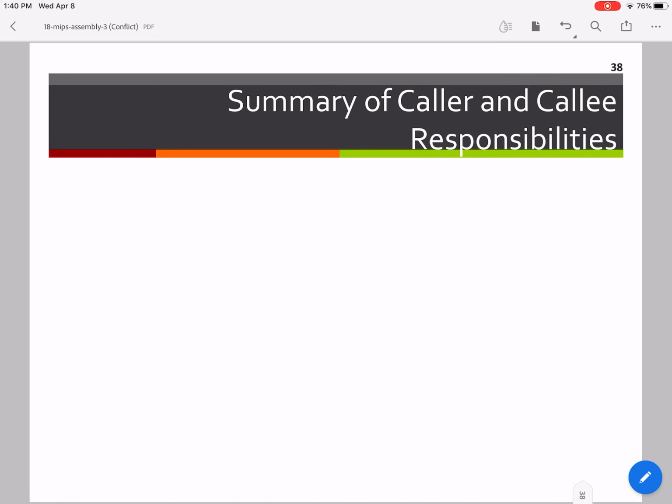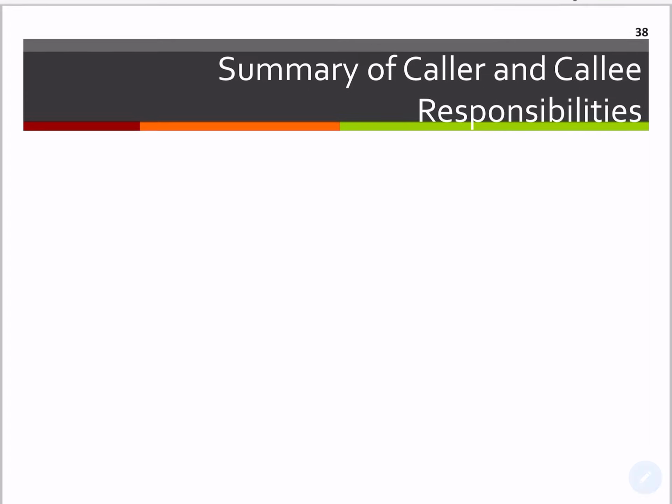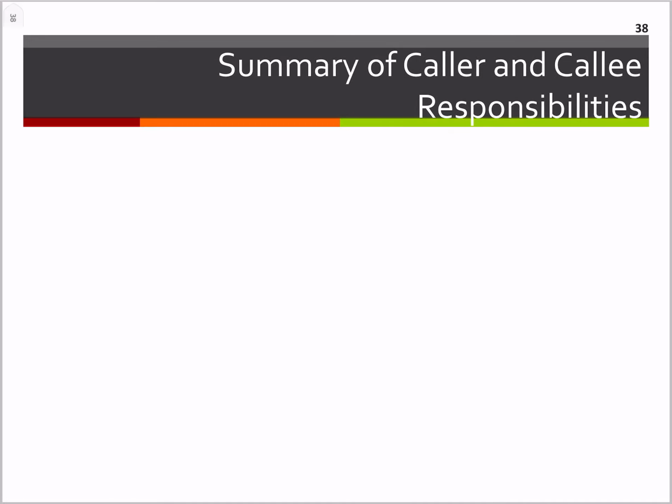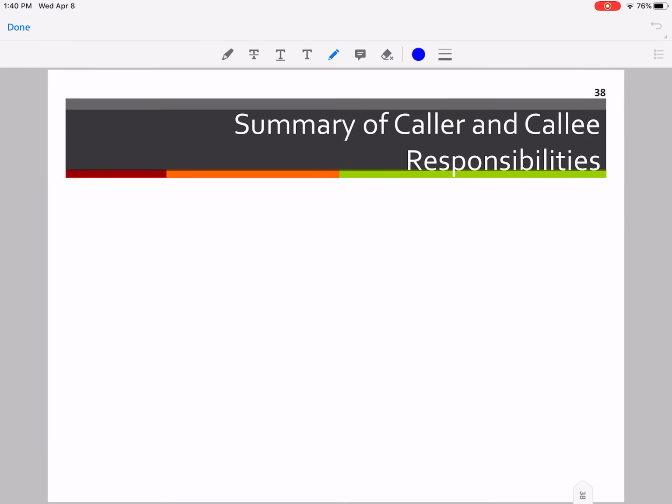Okay, so let's summarize what the caller needs to do and what the callee needs to do whenever we perform function calls. As far as the caller is concerned, there are no major tasks going on except for saving one or several of the T registers that it is already using, and saving the argument registers. So typically when I write programs, I work with a nice stub for caller and callee.